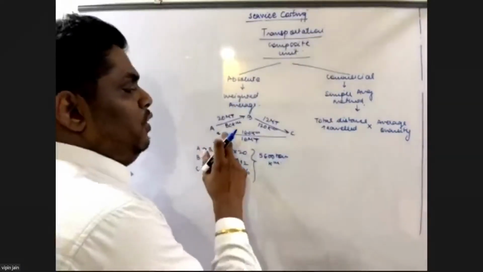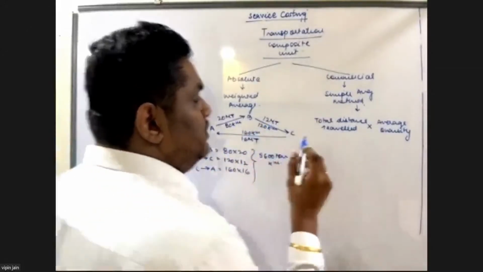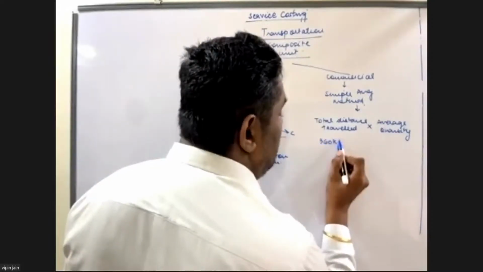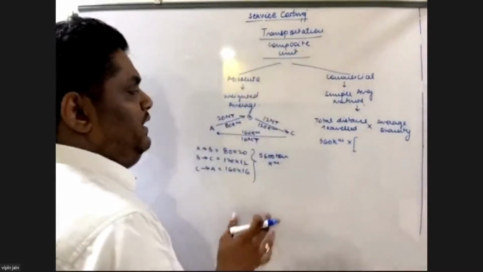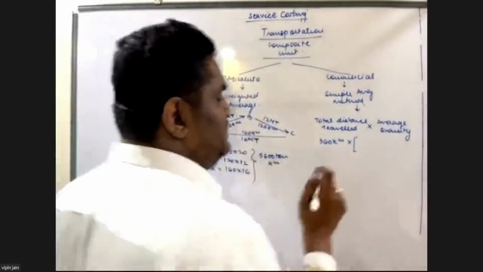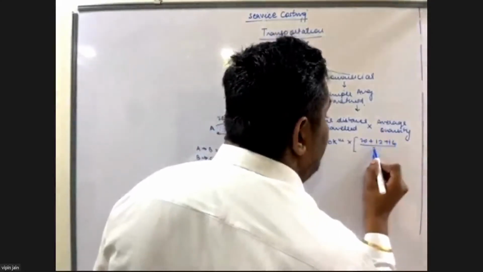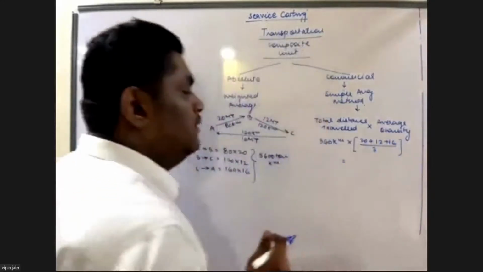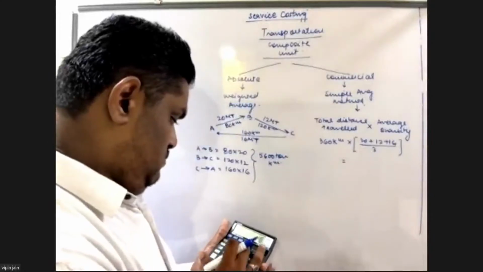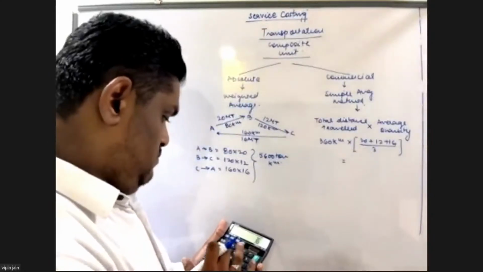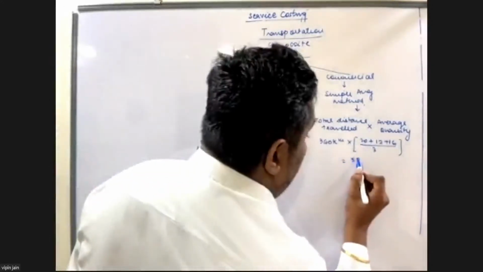So herein, the total distance traveled is 80 plus 120 plus 160, so it will be 360 kilometers, multiplied by the average quantity, 20 plus 12 plus 16 divided by 3. So this will be 5760.